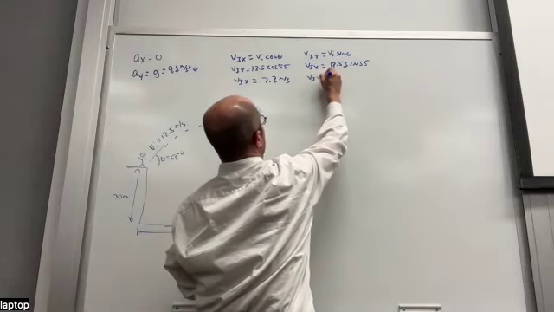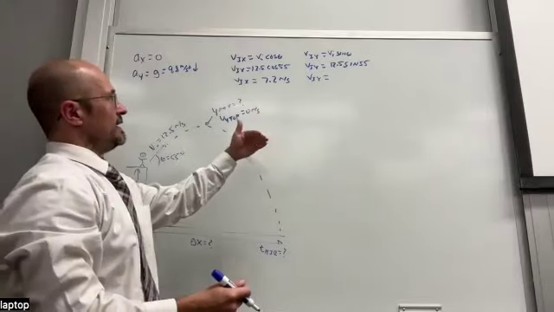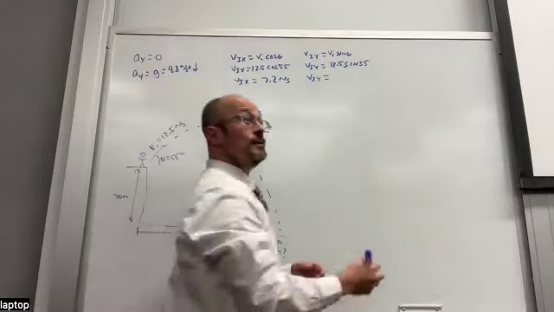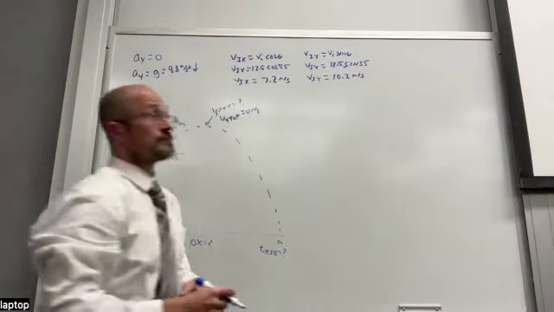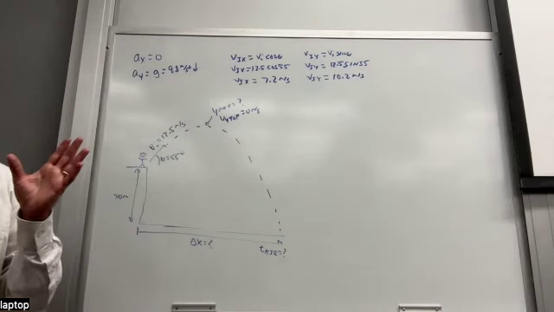And v_iy, that one's got to be larger than 7, so it's 8, like 9.9, 10.2. Is everyone good with that?